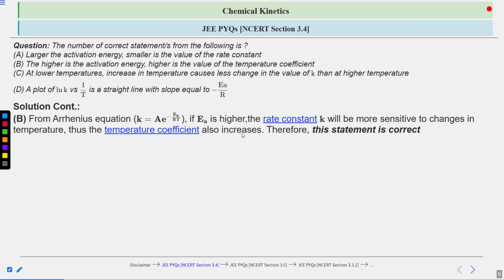So the temperature coefficient also increases if the activation energy is higher because it will show its effect on the rate constant value, and therefore statement B is also a correct statement. So until now we have identified two statements that are correct, right?